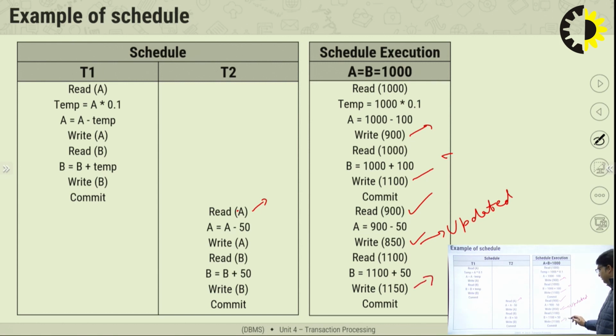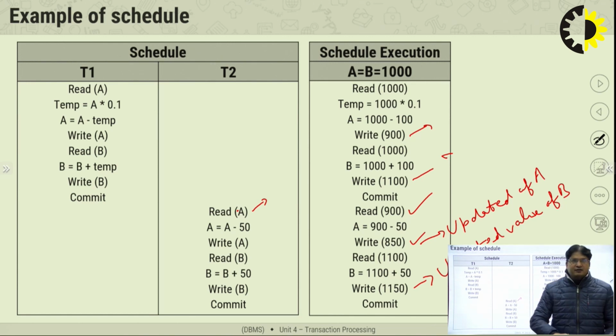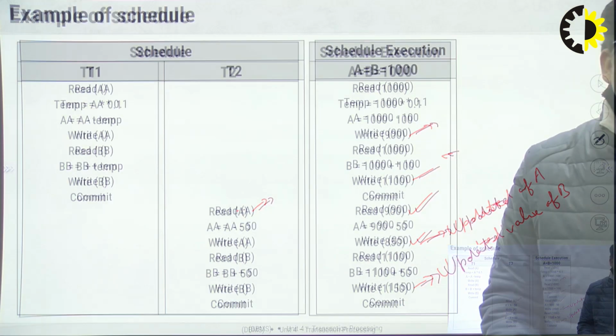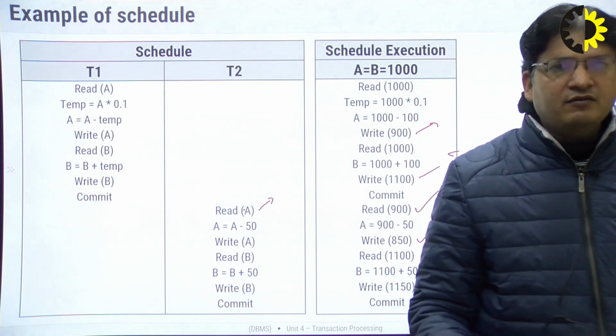This is again the updated value of B. Now suppose after that another transaction T3 wants to execute and wants to read the values of A and B, then it will be reading the value 850 for A and the value of B is 1150.